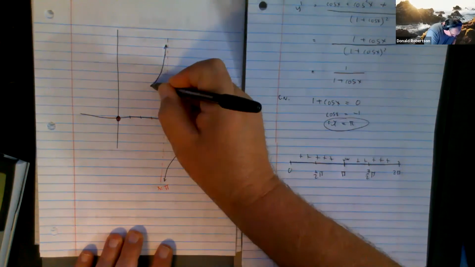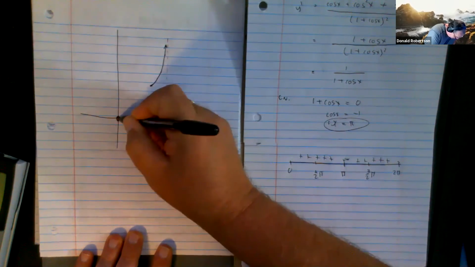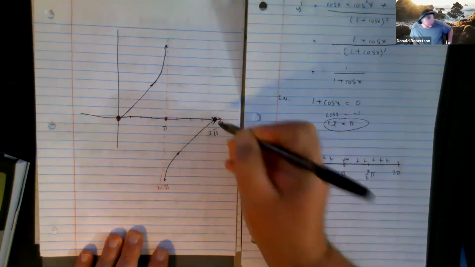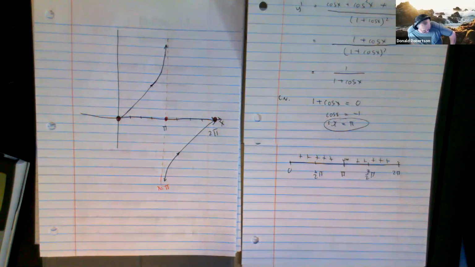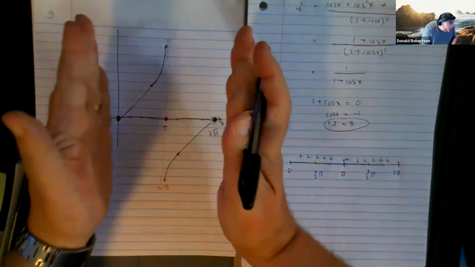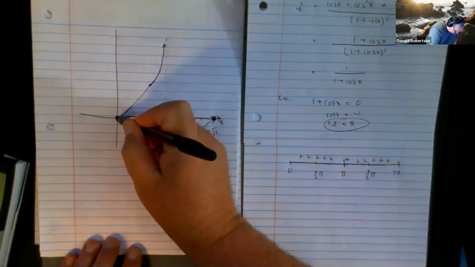This shape here gets to about there, and this shape here gets to about there. Which pretty much means, doesn't this kind of look like a tan function? Imagine my next 2 pi would look something like this.